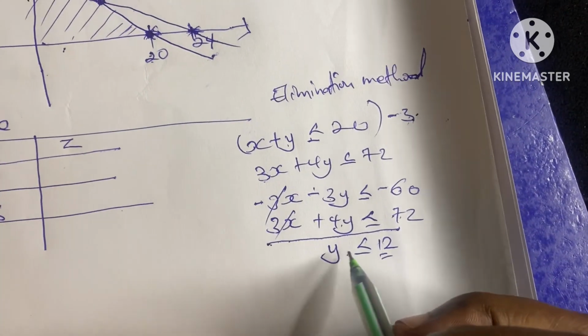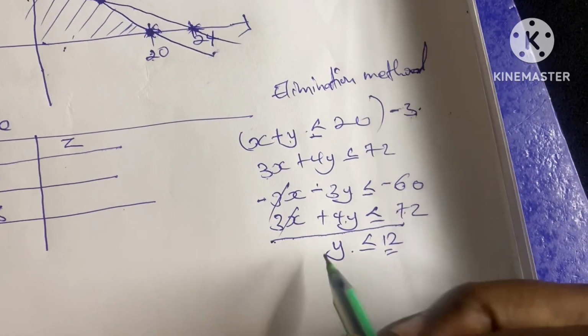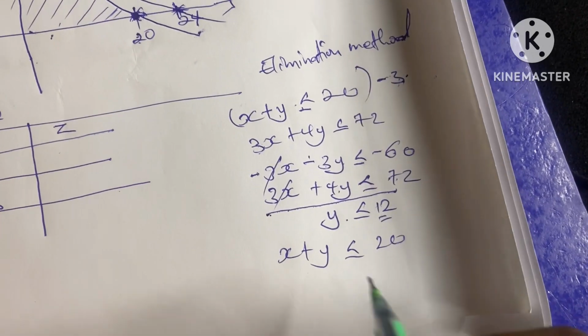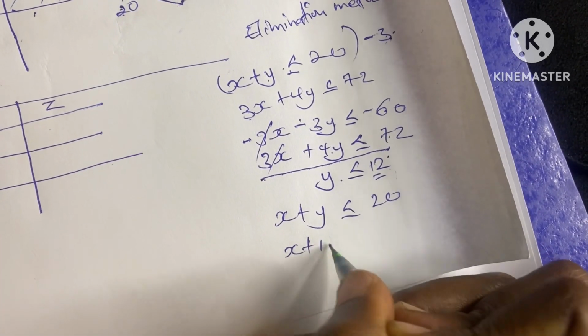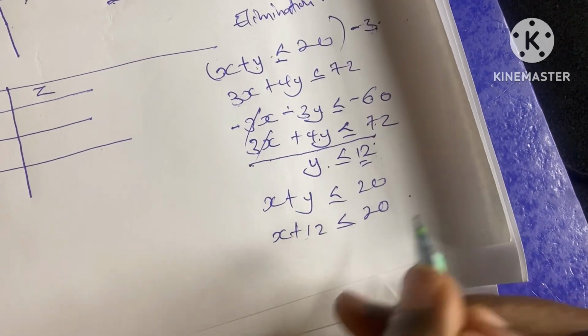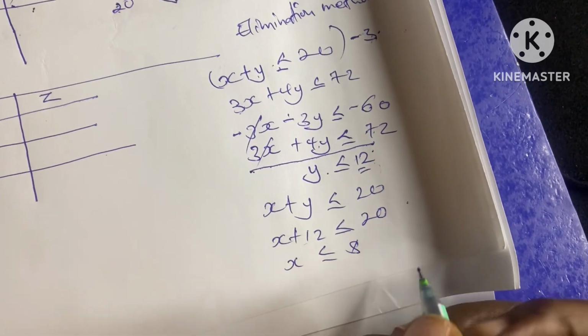Then we substitute this in any of these two equations to get the value of x. So x plus y less than or equal to 20. We substitute y is 12. So x plus 12 less than or equal to 20. This will come this side, so our x will be 8.